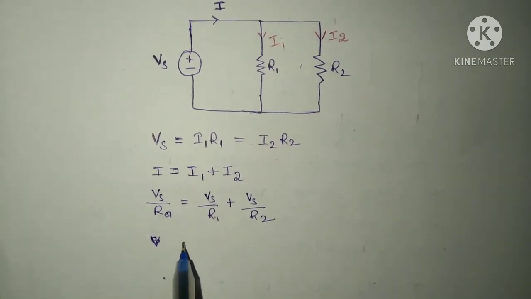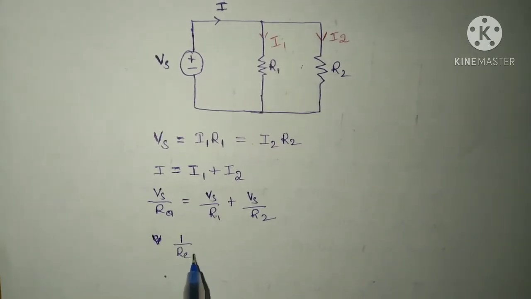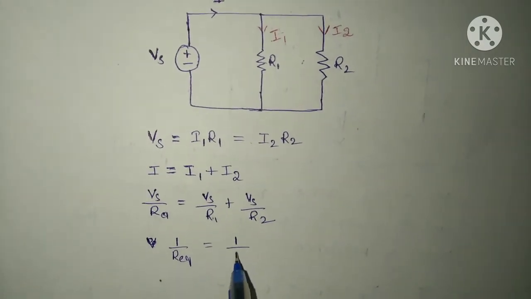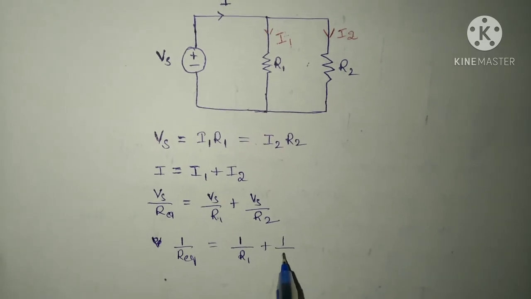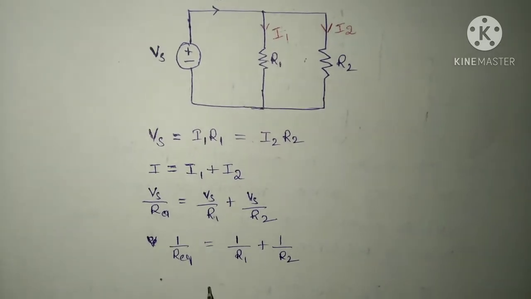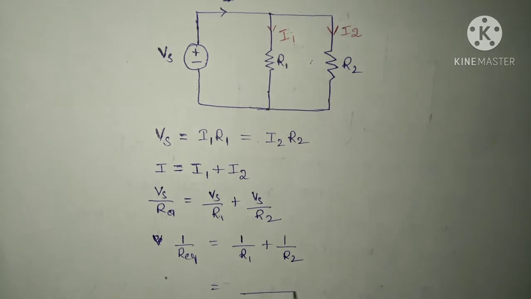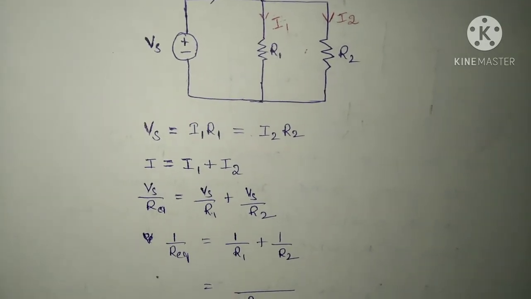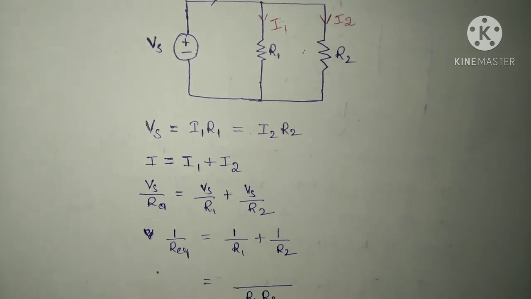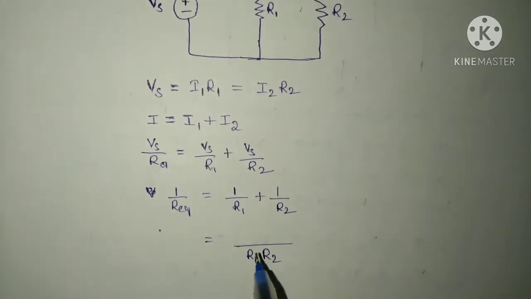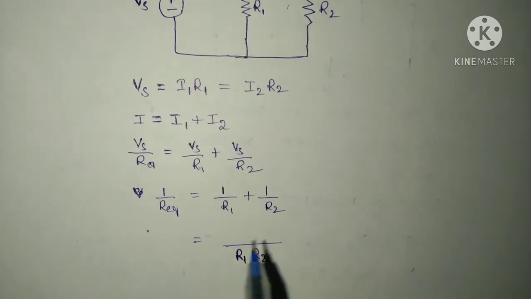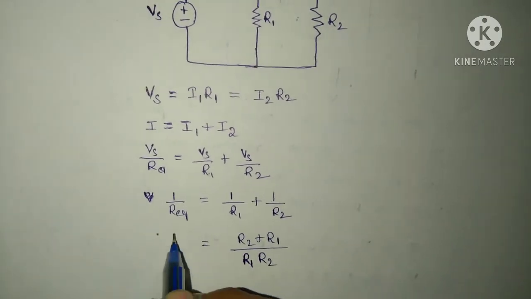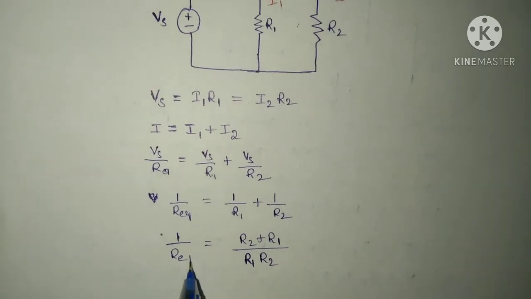Now we can write R equivalent is equal to 1 by R1 plus 1 by R2. And this can be written as R1 R2 by R2 plus R1, that is R equivalent.